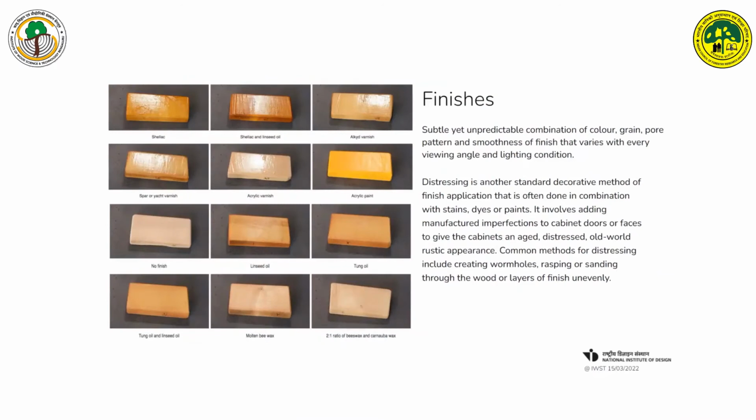Looking at finishes, since it's a natural and breathable material, whatever you put on wood ends up rendering a different kind of color to it. So here are some samples which different kinds of finishes render to the wood.